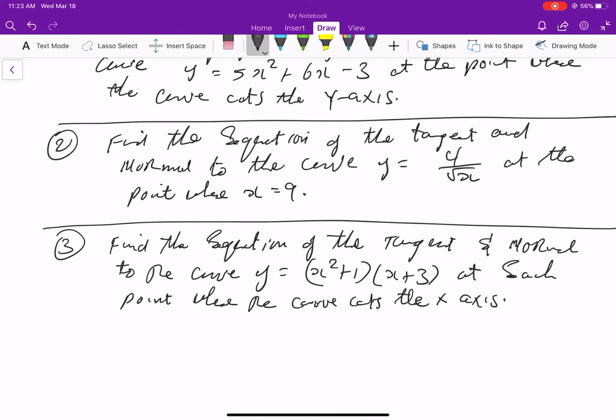I have a feeling in this last one you'll end up with 6 different equations, 3 tangents, 3 normals. There are 3 points where this curve cuts the x-axis.